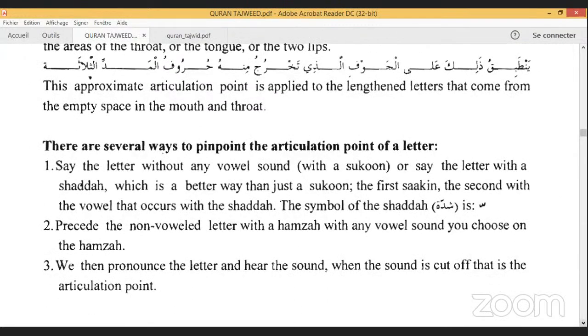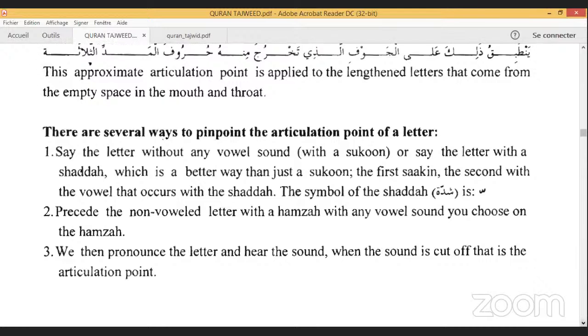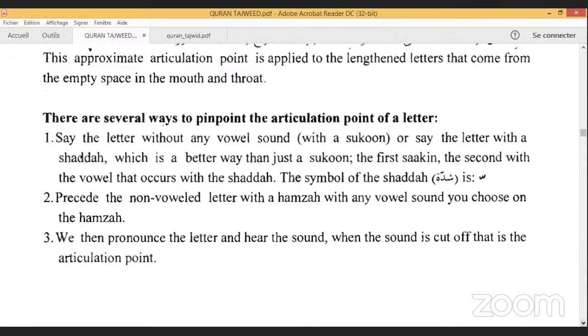There are several ways to pinpoint the articulation point of a letter. Number one, say the letter without any vowel sound, with the sukun, which means the harf is sakin.